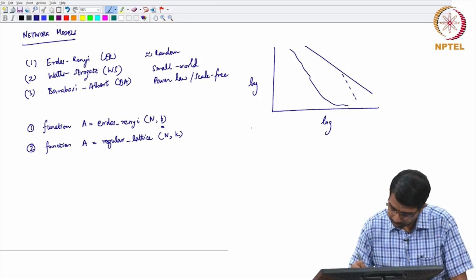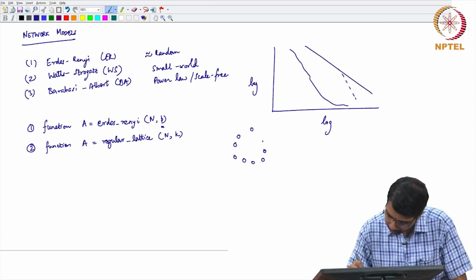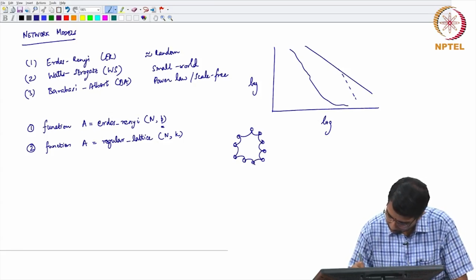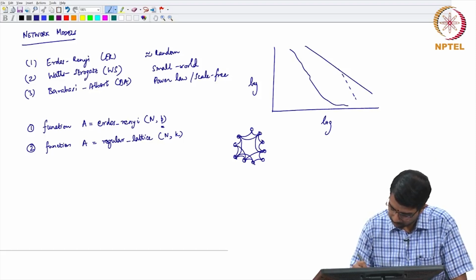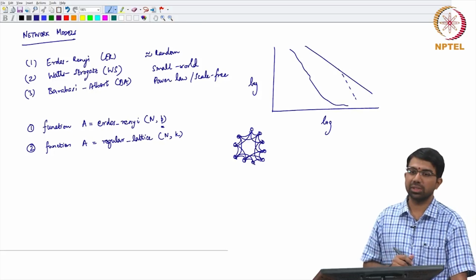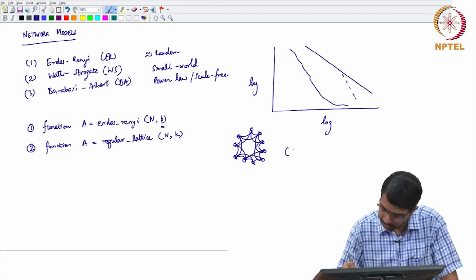What you know is, you have a regular lattice of this sort where every node is connected to k nearest neighbors on either side, and we can then show what the clustering coefficient is.